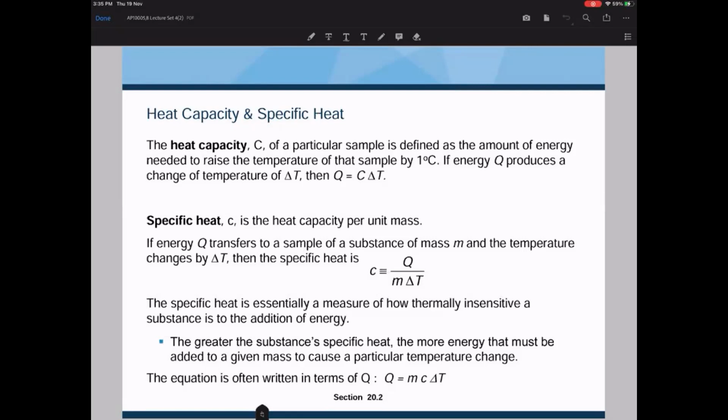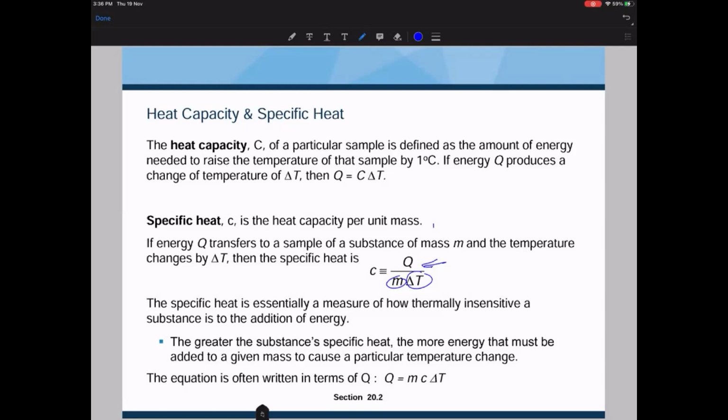And the specific heat is defined as the amount of heat energy required to raise the temperature of 1 kilogram of the substance by 1 degree C. So Q divided by M delta T is the equation for the specific heat.